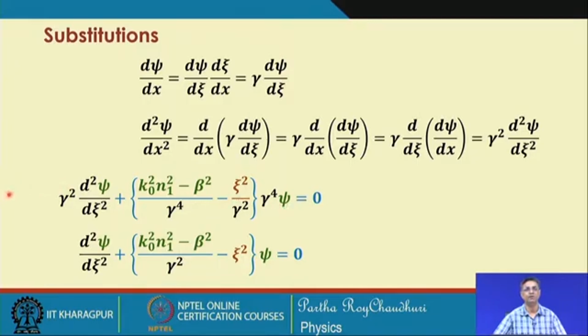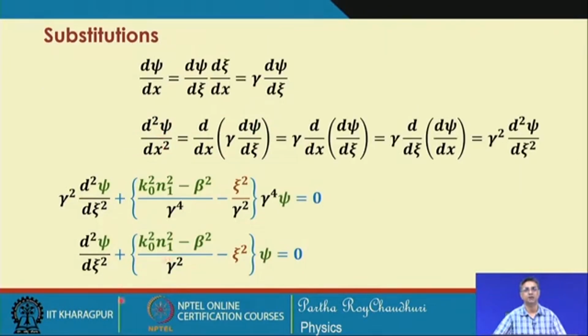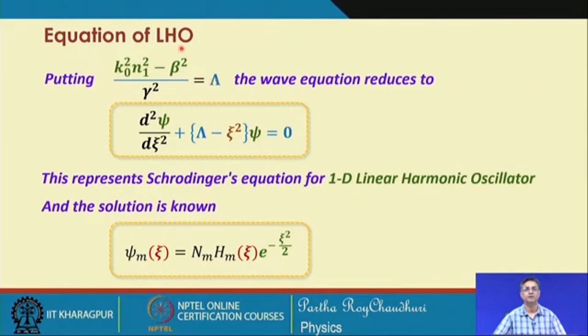Now, you can remove gamma square all throughout, then you get this equation, and this equation will remind you of some known form. Now, if you put n_1 square k_0 square minus beta square by gamma square equal to lambda, this equation reduces to this form, and this form is very well known.